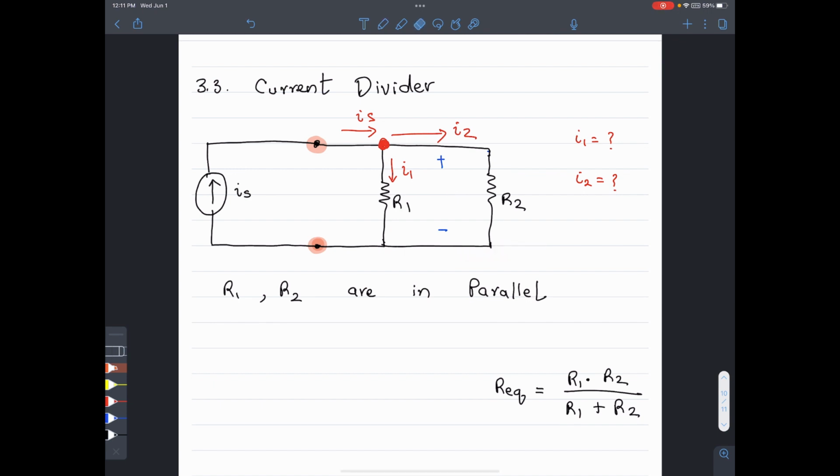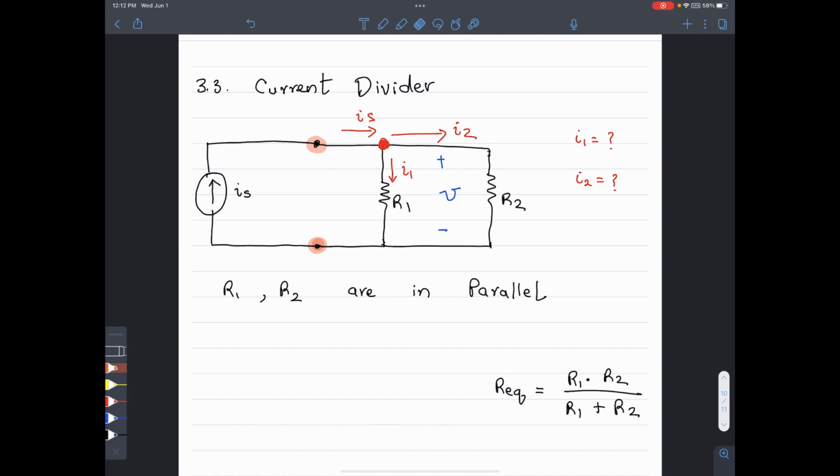That's the fundamental property of elements that are in parallel. I'm going to call it little v. So the voltage across the current source is the same as the voltage dropped across R1 and across R2, which I'm calling V.